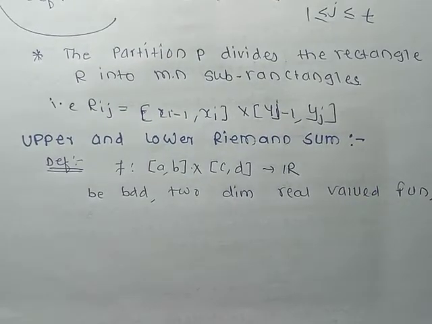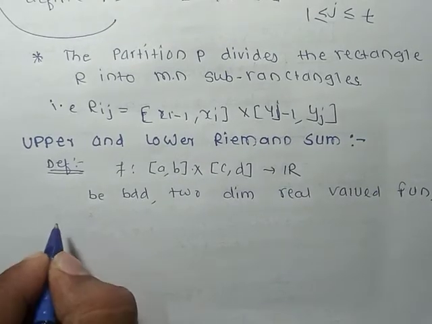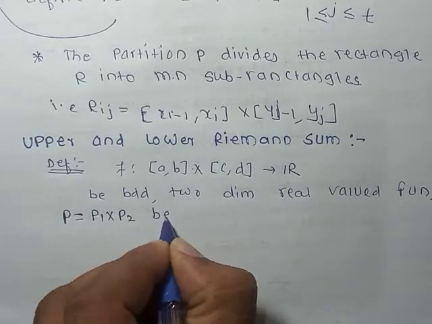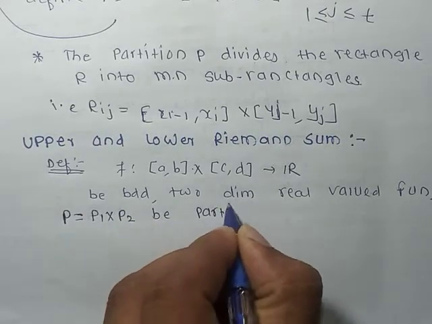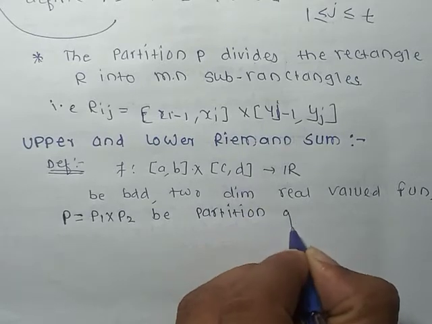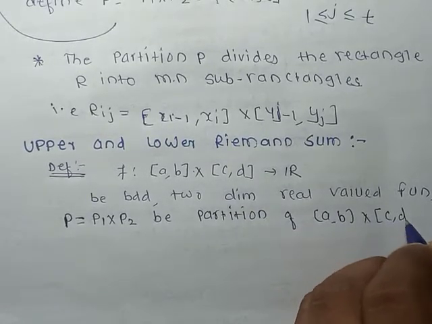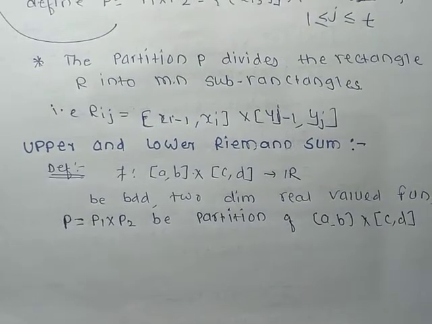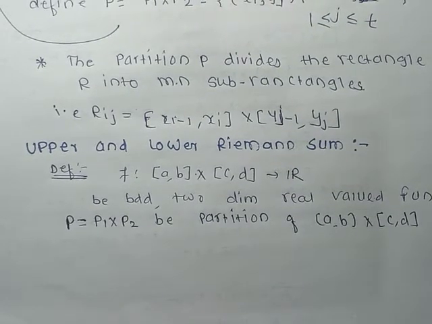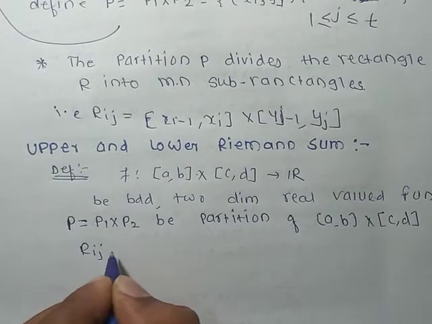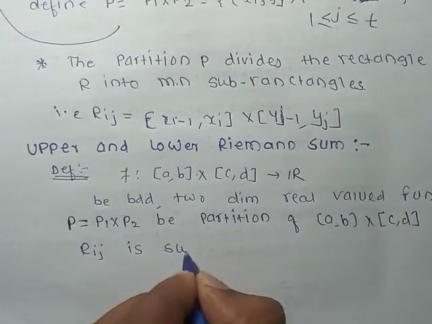Next, let P = P1 cross P2 be a partition of this rectangle [a, b] cross [c, d]. We just discussed what is meant by the partition. Next, Rij is a subpartition.